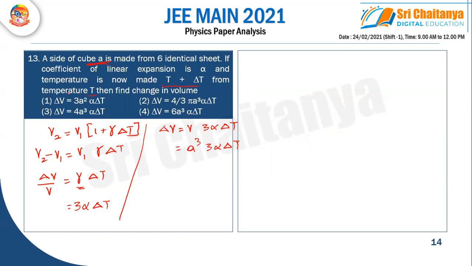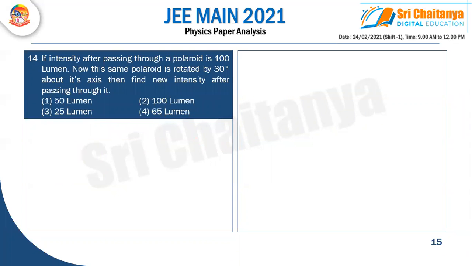There is a small print mistake here, and it should be 3A cube alpha delta T. Next, please.